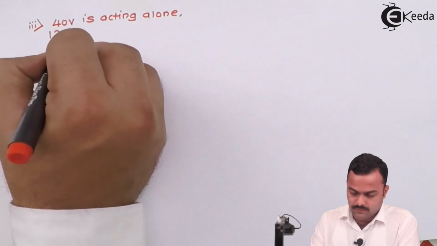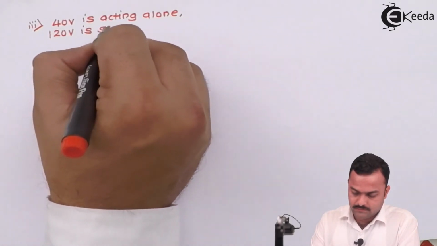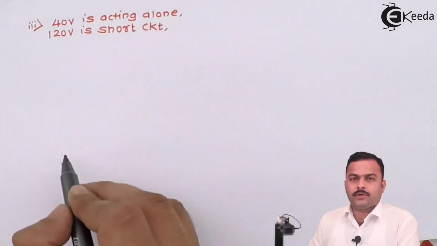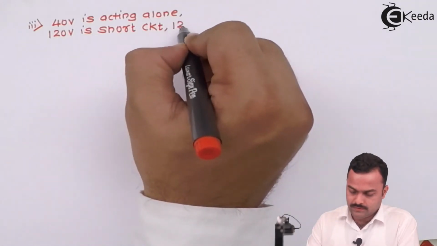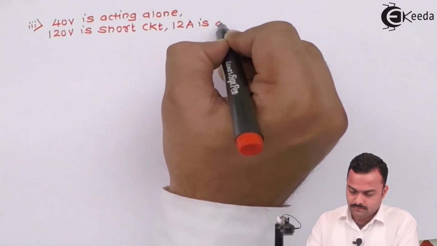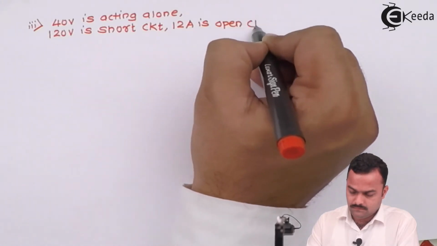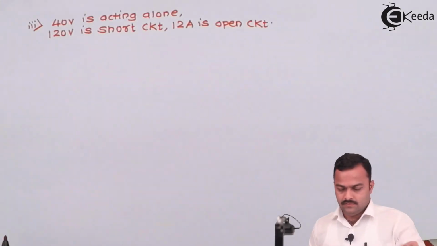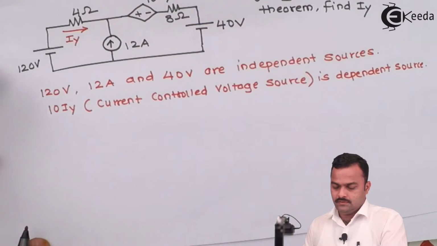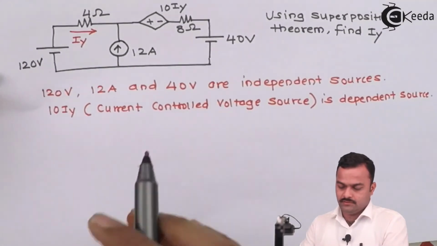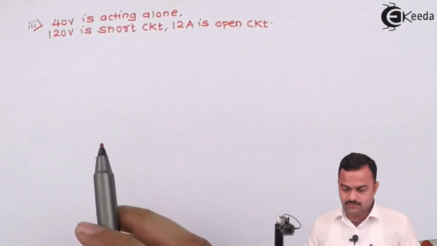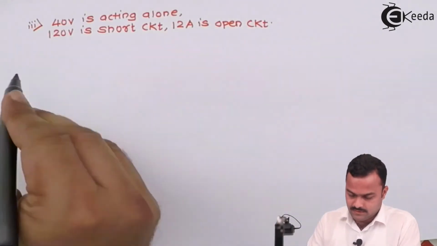So 120 volt is short circuited, and the 12 ampere current source will be open circuited. So in the original circuit, we need to check what will happen. Over here, only this source is acting alone: 40 volt, 120 will be shorted, this will be open. So we will get a circuit like this.